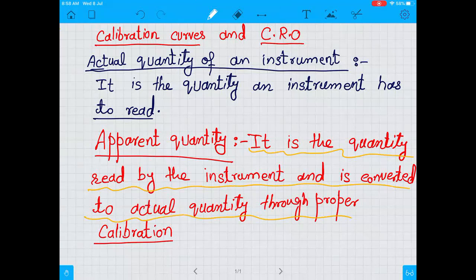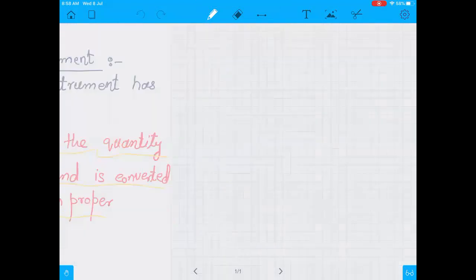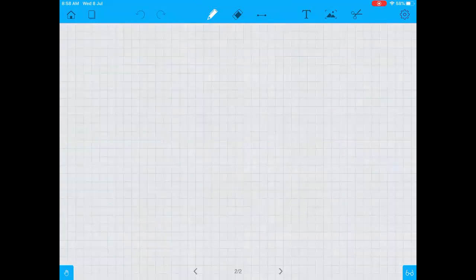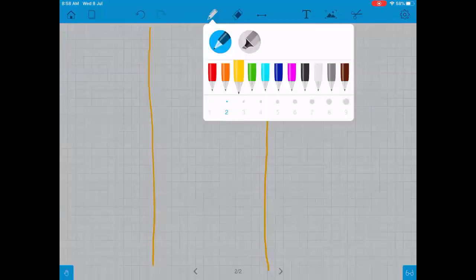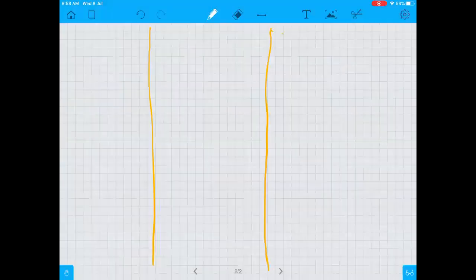We cannot understand this concept without looking for examples. So let's take example of some instruments.